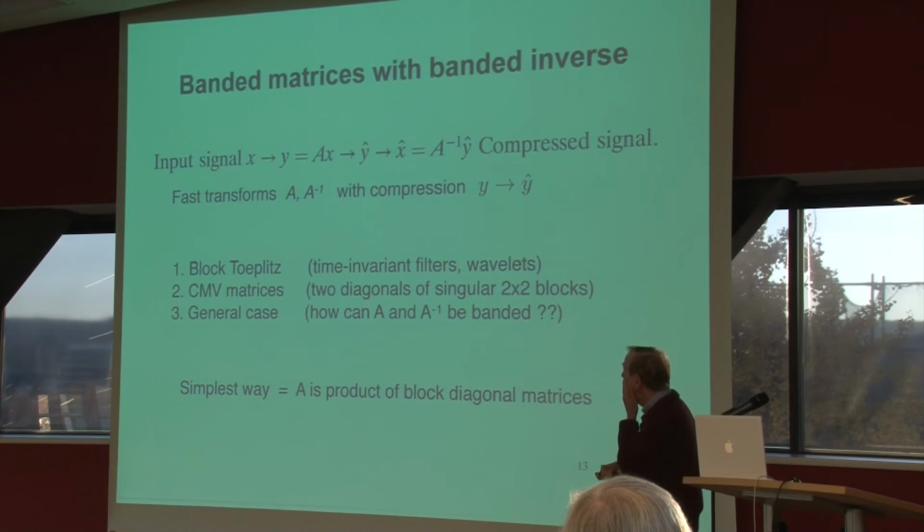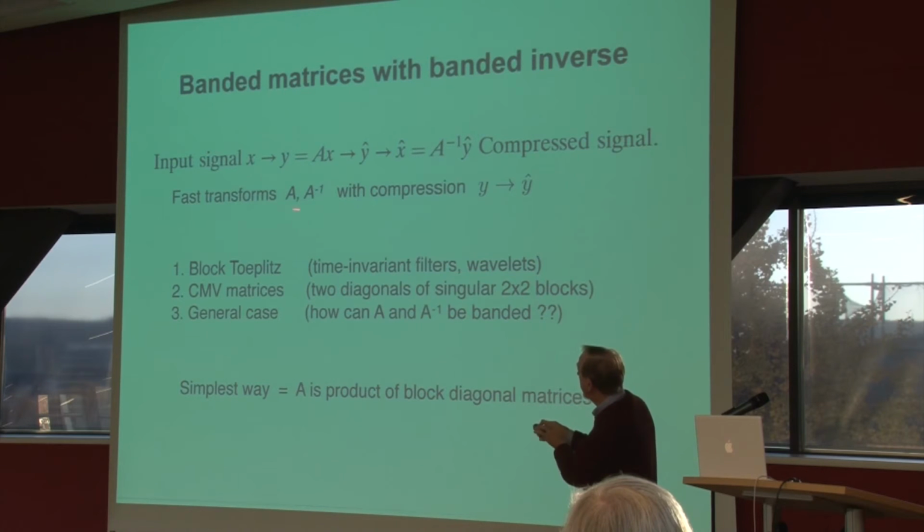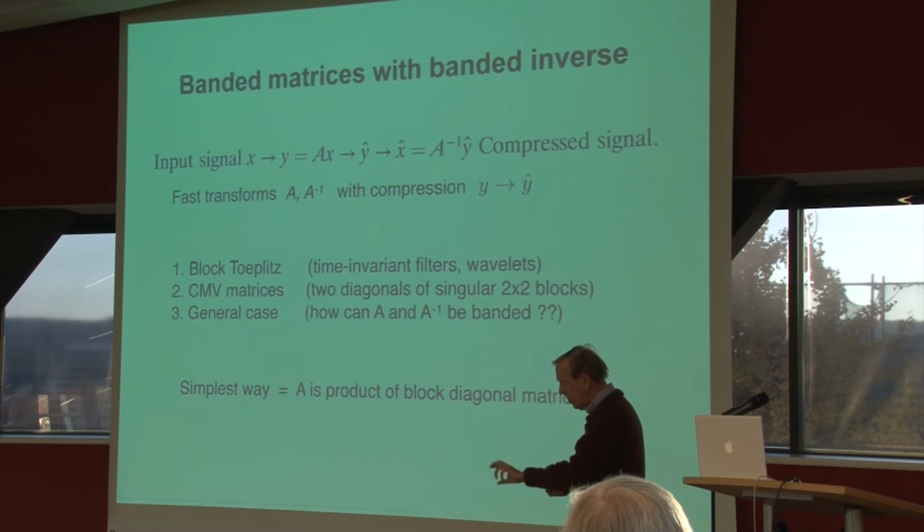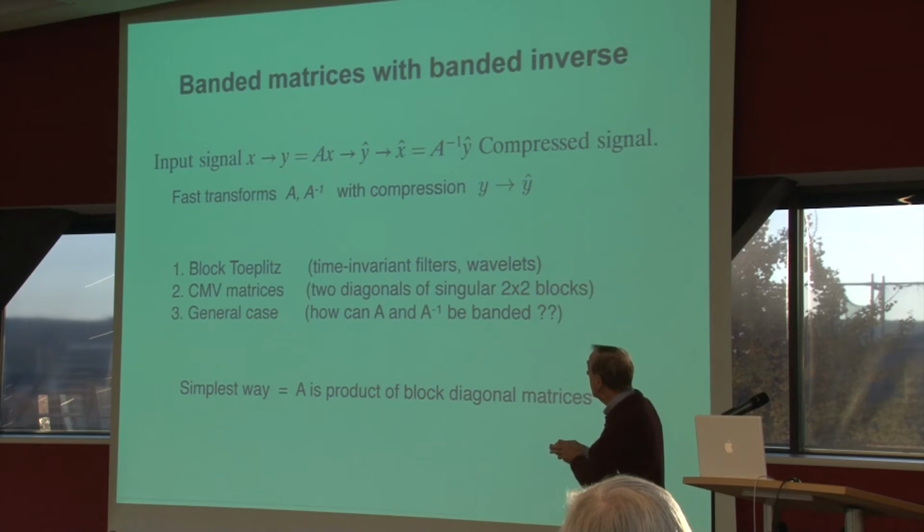Okay, so one way to make for a fast transform is a banded matrix. If A is a banded matrix, then multiplication by A is fast, right? If A has only a small number of non-zeros in every row, near the diagonal, then we can multiply fast by that matrix.